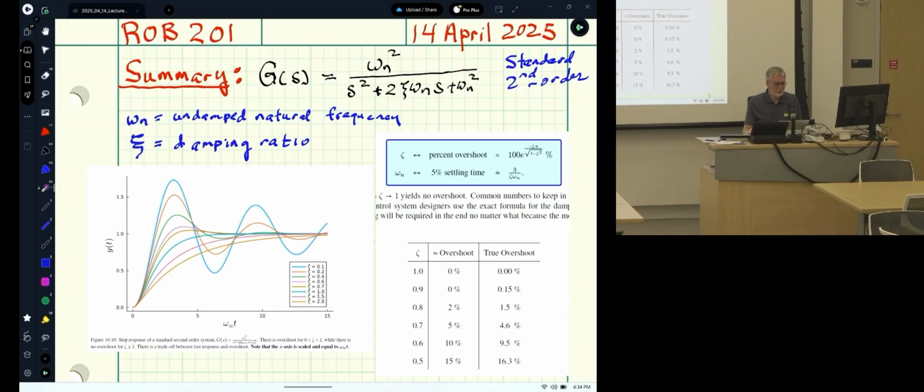Rob 298, go to, whoops, I gotta log in again. Go to Files, Lecture Notes, select date modified, should come to the top, or date created. Yep, and it's right here at the top.